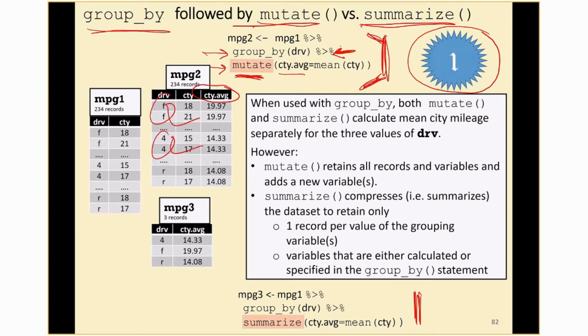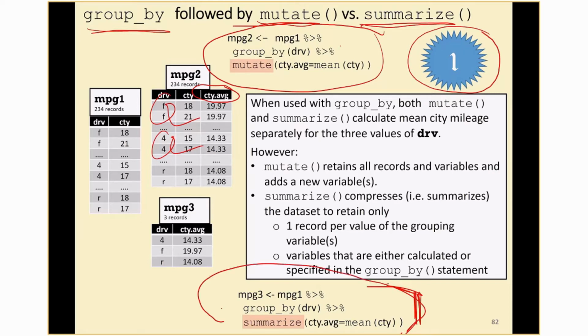Down here, we have group by combined with summarize. And one thing to note is if we compare this block of code with this block of code, they're essentially identical except for this one word, mutate versus summarize, but the output is radically different.